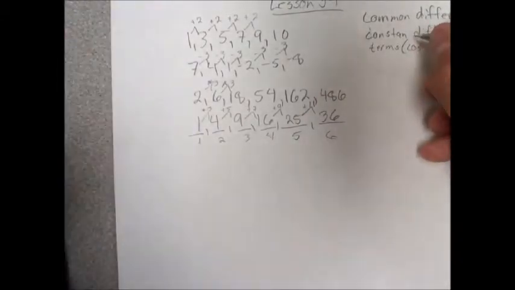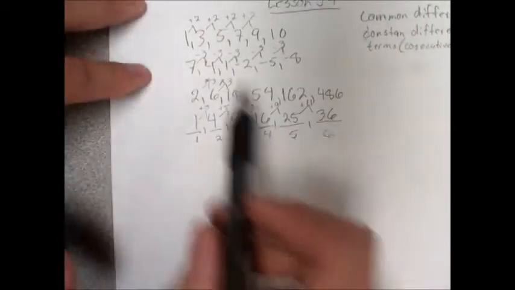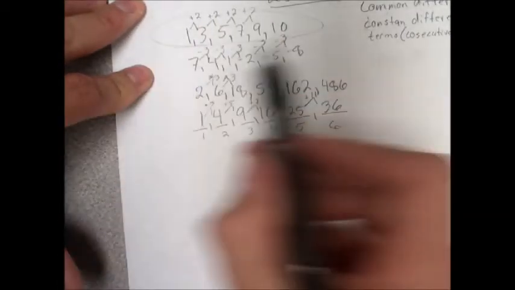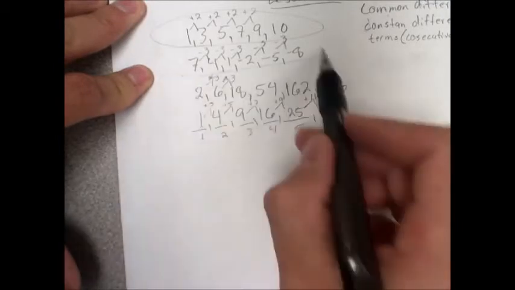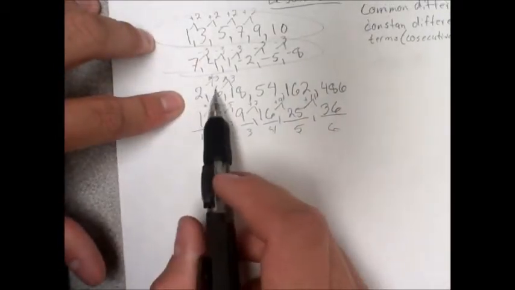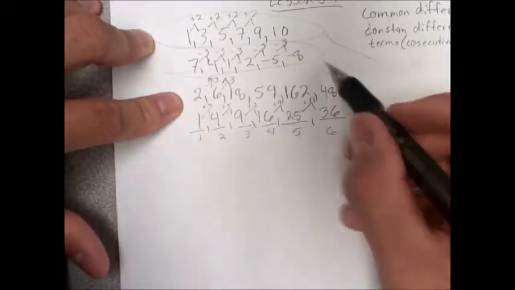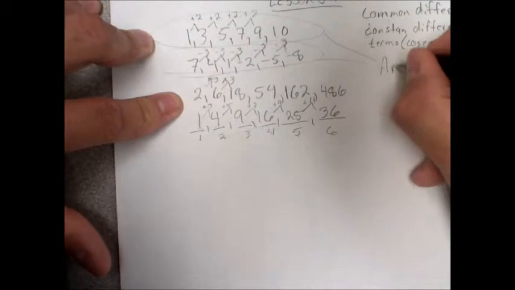You have to say term 1 to term 2 to term 3. Okay, so looking at these, this one had a constant difference. This one below it had a constant difference. Now this one, it isn't a constant difference, it's a common multiple. So only these 2 are arithmetic.